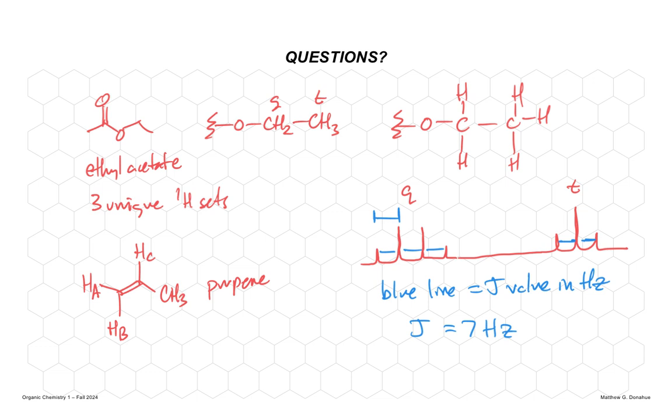The total number of sets here would be 4. If we look at HC, its angular dependence to HA is different from the angular dependence to HB. So HC couples to HA versus HB differently, which makes A and B not the same. And so that's what I mean by how the angle influences the magnitude of the coupling constant.